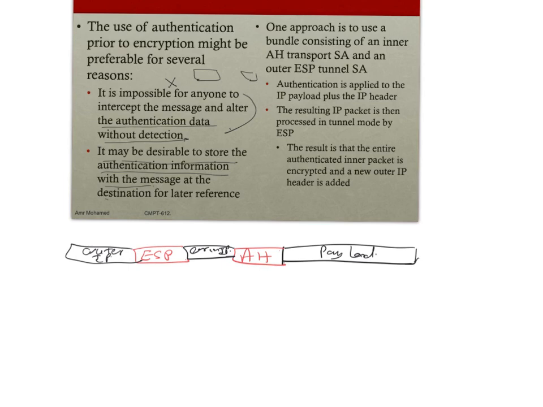So in that case, you have to do the decryption first to get the original IP address, and then you authenticate the packet using AH in transport mode.